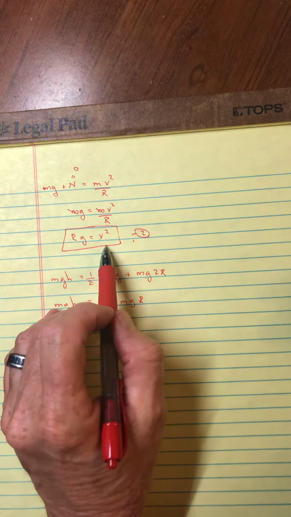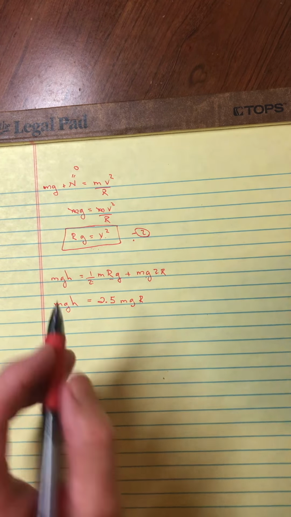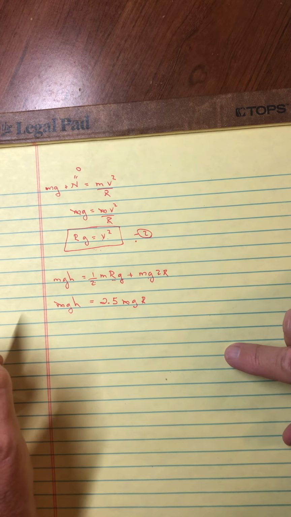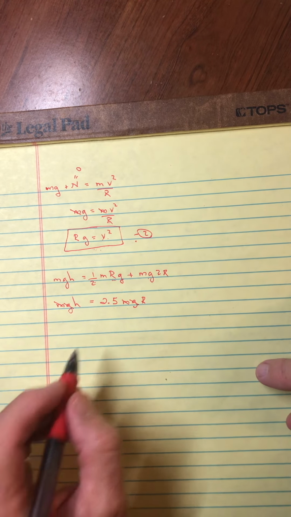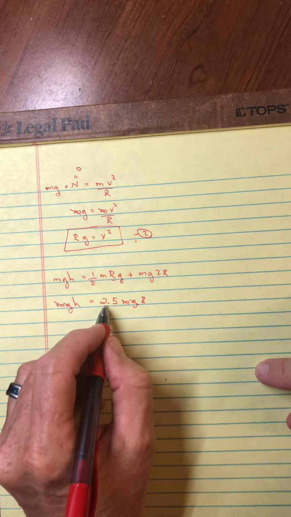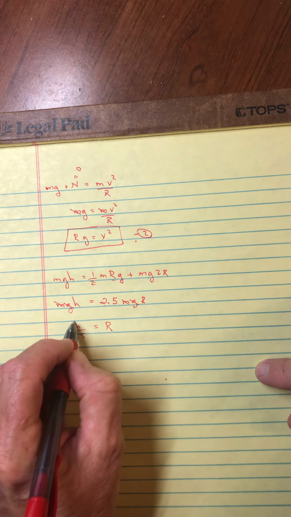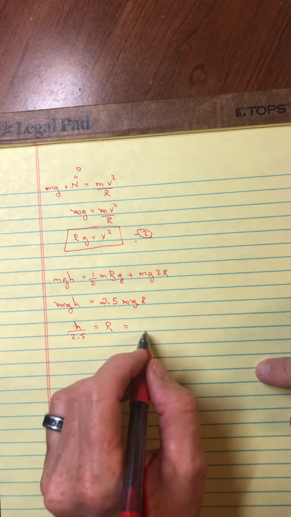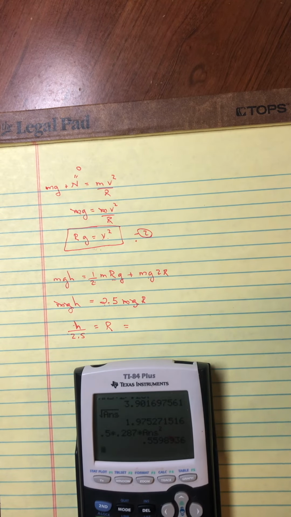So we really want to use equation 2. But to do that, we have to get r. And that's where I'm going with this, is that if you now look at this, the m's would cancel off, and even a g would cancel off. And then to solve for r, I'll bring the 2.5 over here. And so this is saying if you take your height and divide it by 2.5, you'll get the radius of this one.